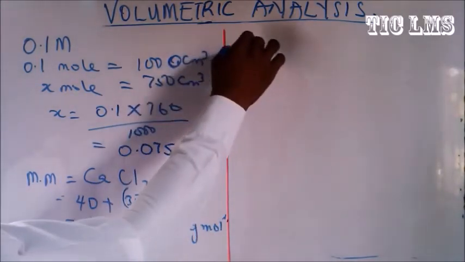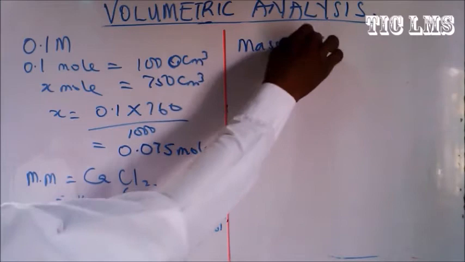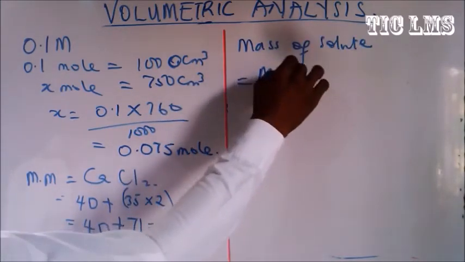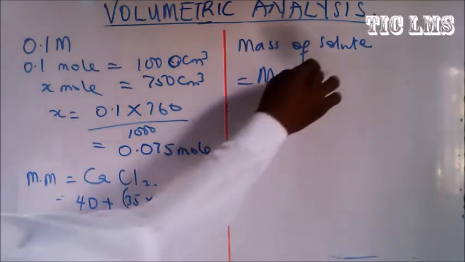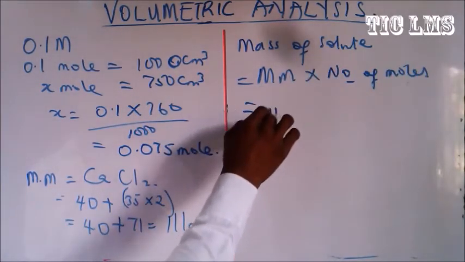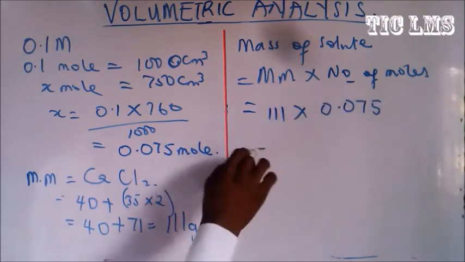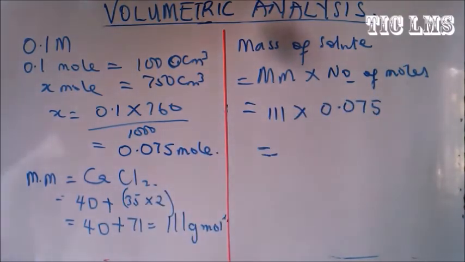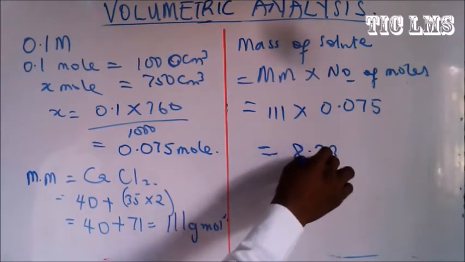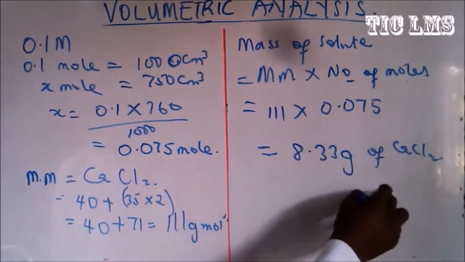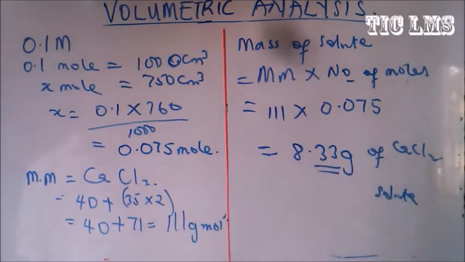So the mass of solute needs to be the molar mass times the number of moles. Molar mass is 111, number of moles is 0.075. And when we multiply, this gives 8.33 grams of calcium chloride solute. So here is the answer.